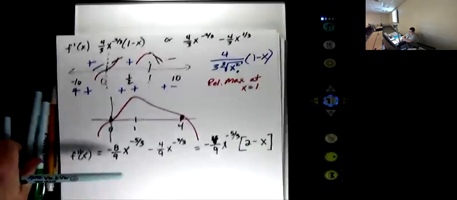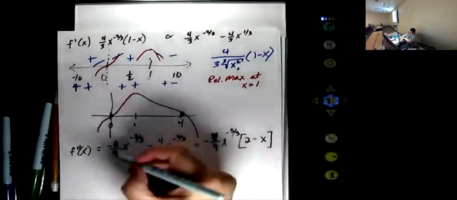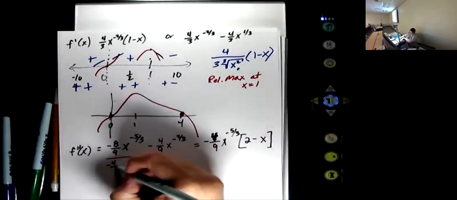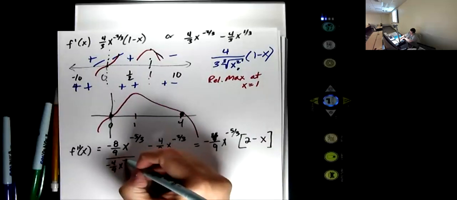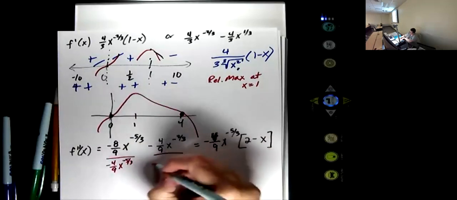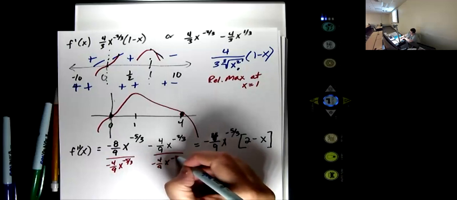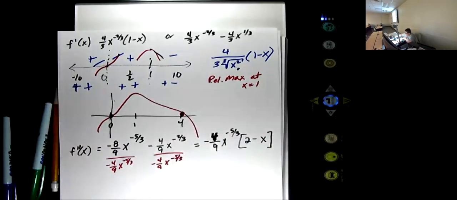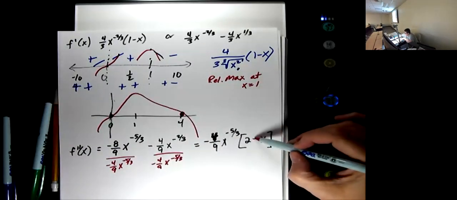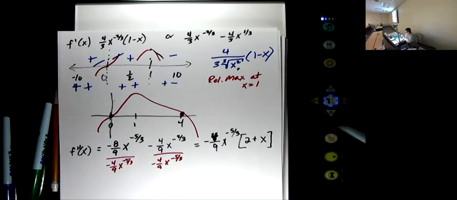Again, if you're not sure how that comes about, divide each of these by that x to the -5/3. Oh, that's a plus. I had the sign wrong, look at that.